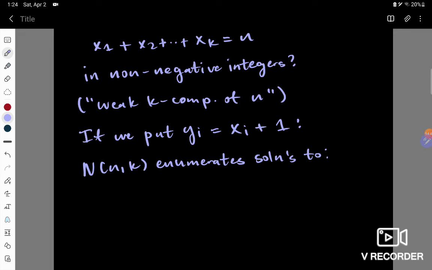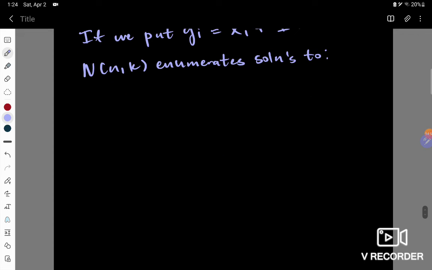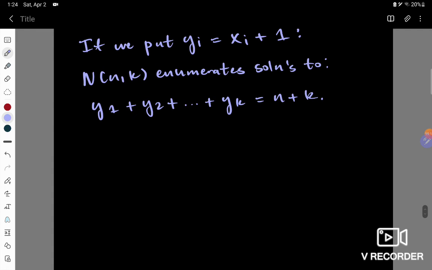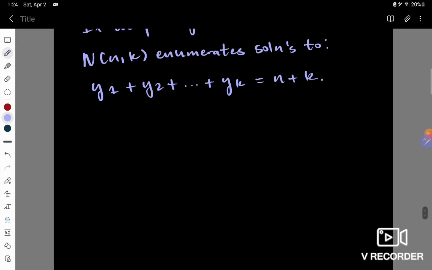And these minus 1s, there's k of them. So then adding that to the right-hand side, we have y1 plus y2 plus y sub k, which is equal to n plus k now, right? So this is the number of k compositions of n plus k.